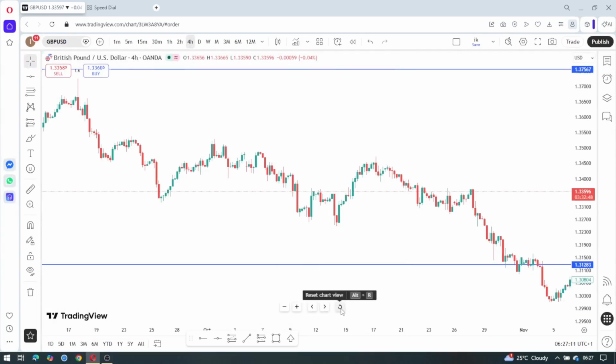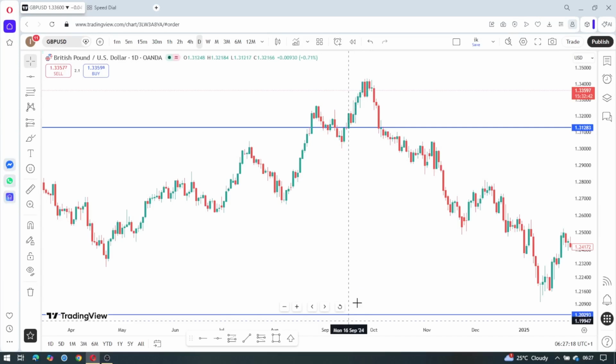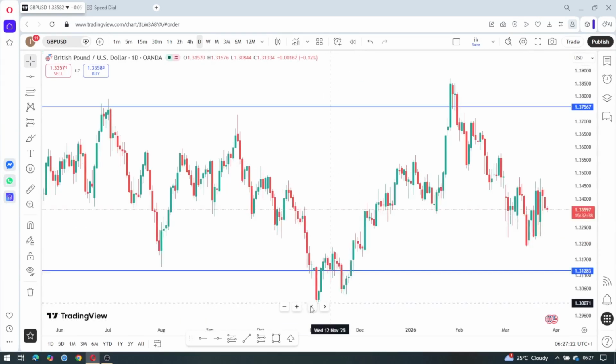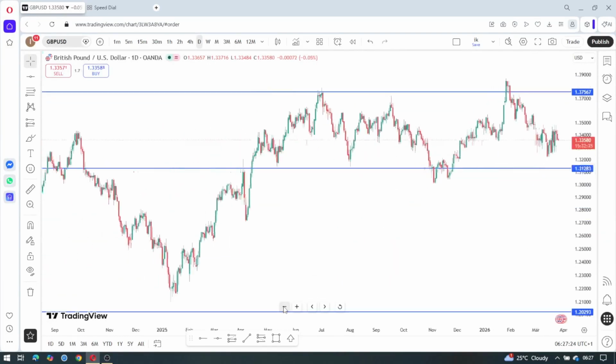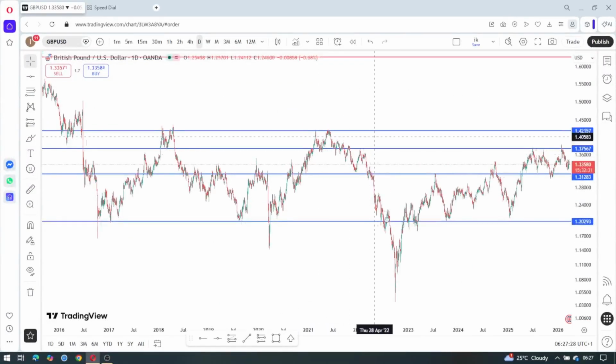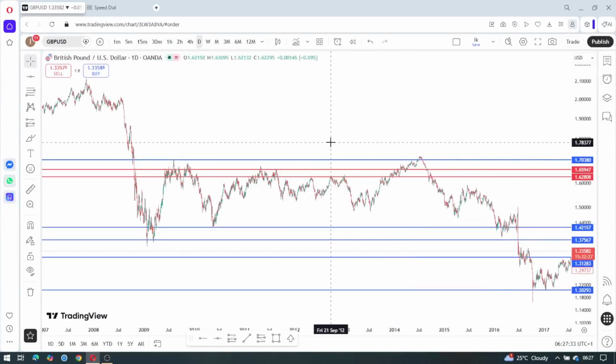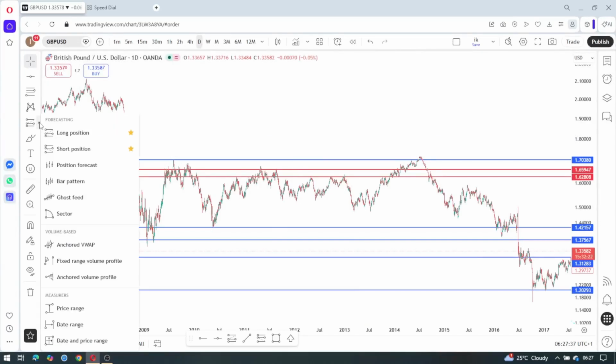But let's go back. We can even measure it from the daily time frame. Let's go back to daily, and even in daily, it's kind of massive. Let's still try to see how much distance.